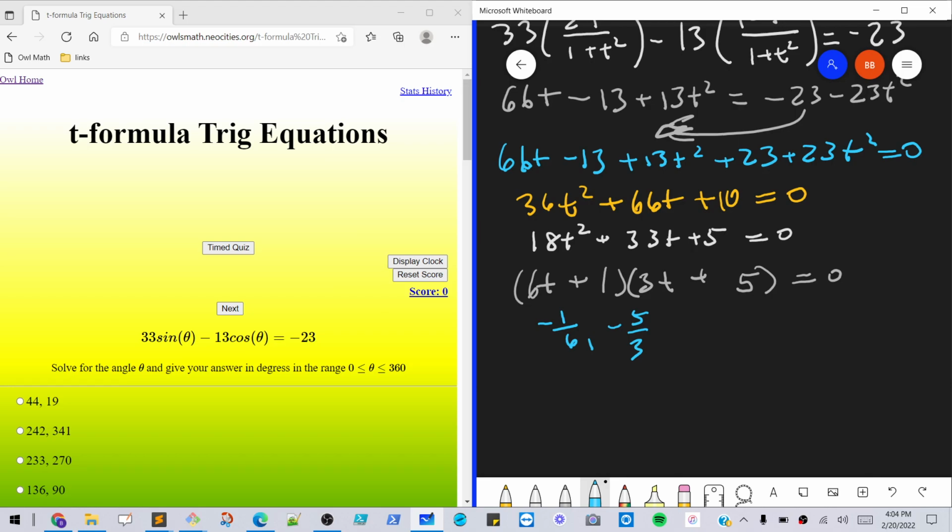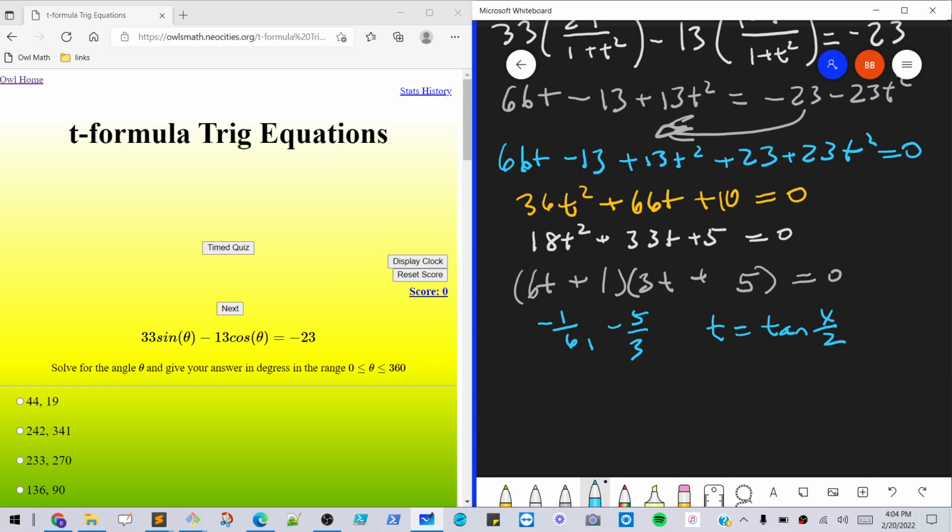Now, at this point, this is where you want to remind yourself what you're doing. We just found values for t, and we'll remember that t equals tan x over 2. Technically we want to solve for theta, but I changed the variable to x just to be tricky.